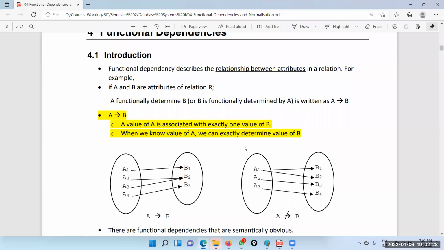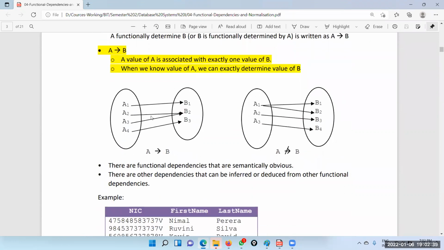So functional dependency means that A functionally determines B: when we know A, we can uniquely say this is your B. You can see here, when you know A, you can definitely say it is B1, A2 is B2, A3 is B2, A4 is B3.